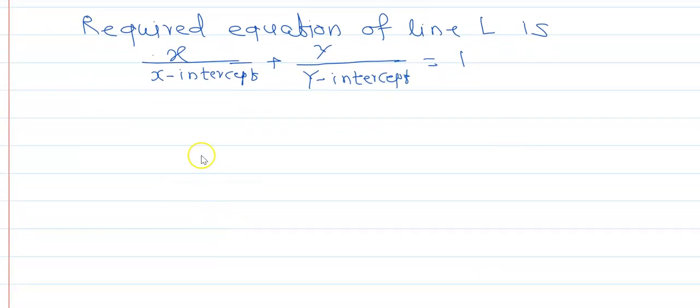And therefore, here you will have x upon 2a plus y upon 2b is equal to 1.